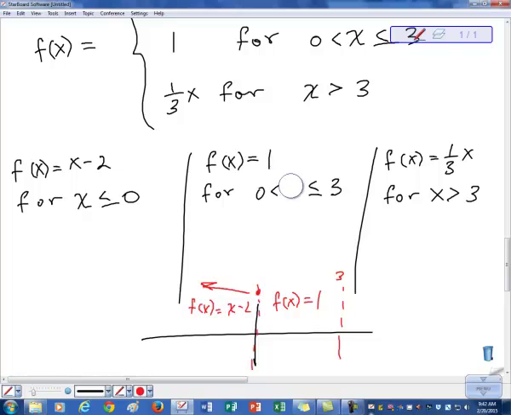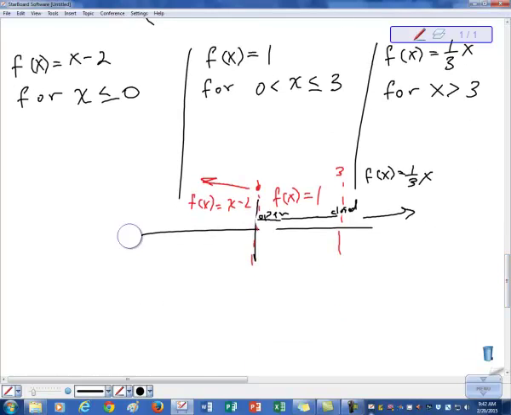And that's going to be in between, where it's going to be open here but closed on the other end. So it's going to be somewhere in between here. And then the third part, f of x equals 1/3 x, that will be greater than 3.